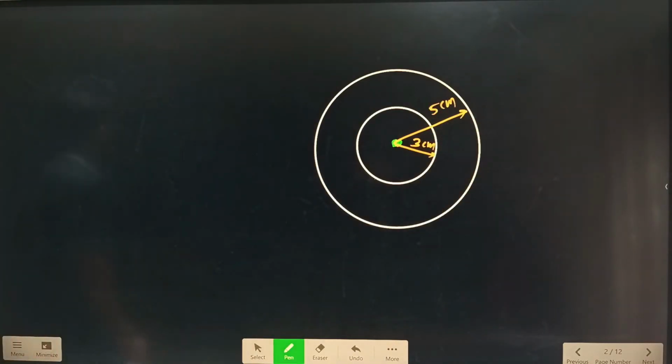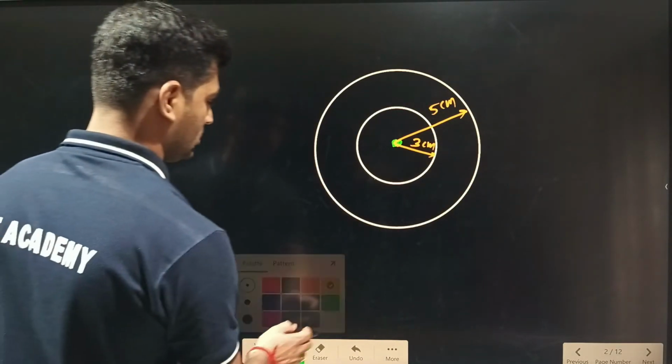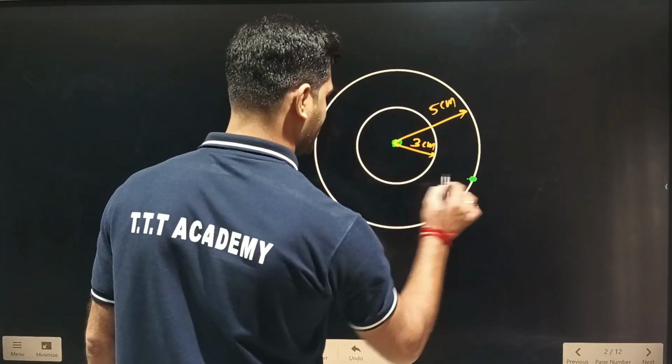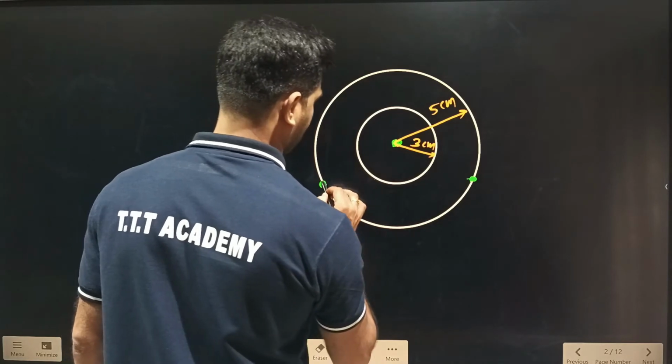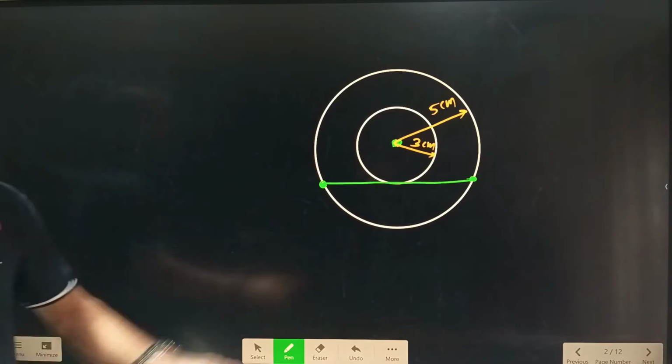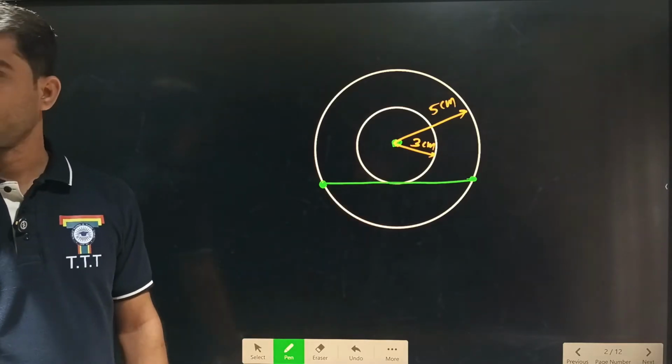Then what do we mean by chord? Of the larger circle, from this point to this point, and that chord should touch the smaller circle.